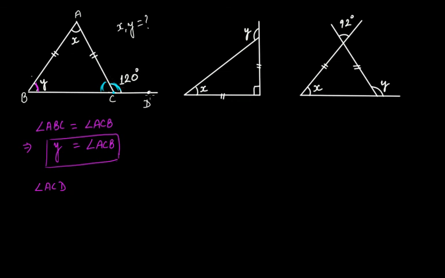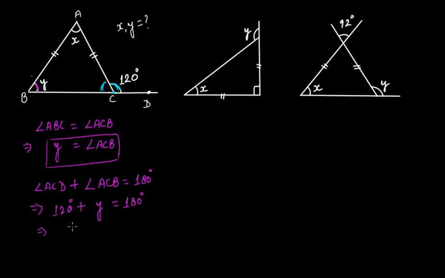It means that angle ACD plus angle ACB, they are forming a linear pair, so it will be equal to 180 degrees, right? Since the sum of this external angle and the adjacent internal angle forming a linear pair is 180 degrees, if you replace angle ACB with y and ACD with 120 degrees, then 120 degrees plus y is equal to 180 degrees.